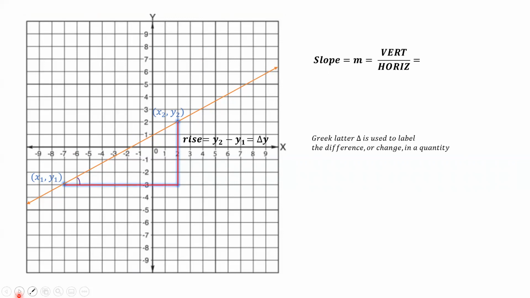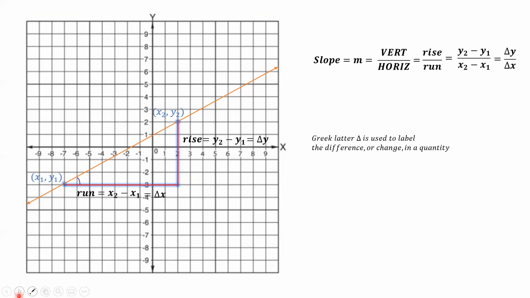And the horizontal side, often referred to as a run, is equal to the difference of x coordinates of my 2 points, x sub 2 minus x sub 1. It could be just labeled as delta x. So we could say m is equal to rise over run, or y sub 2 minus y sub 1 over x sub 2 minus x sub 1, or delta y over delta x.